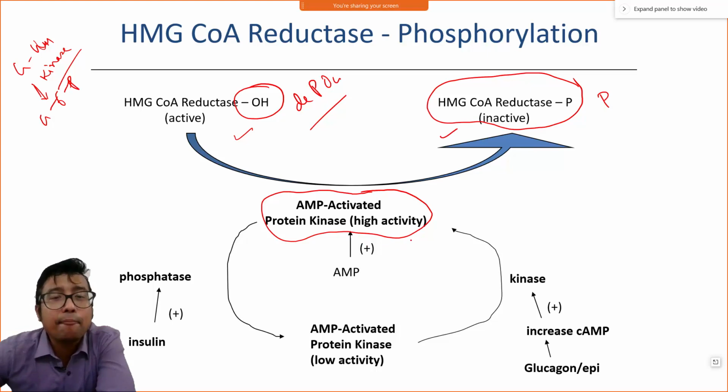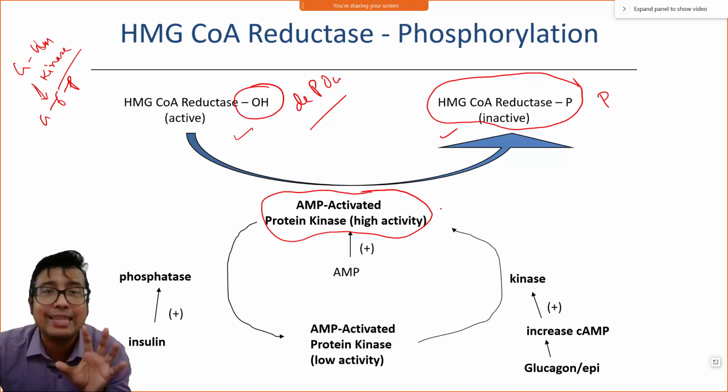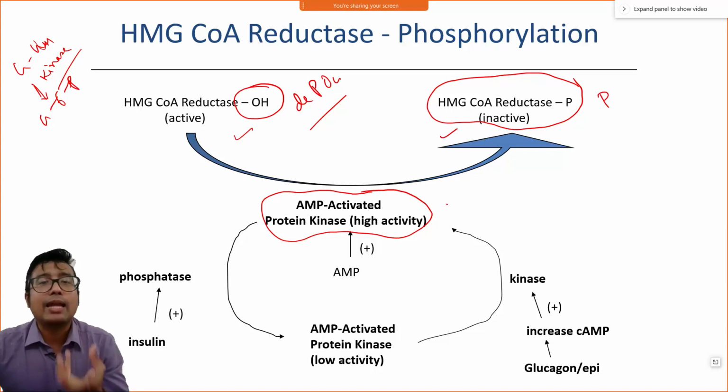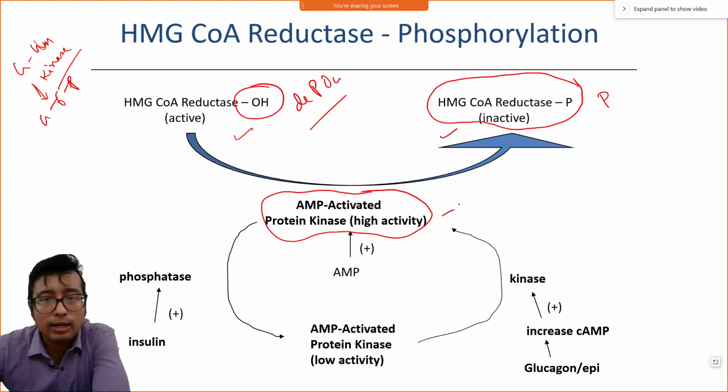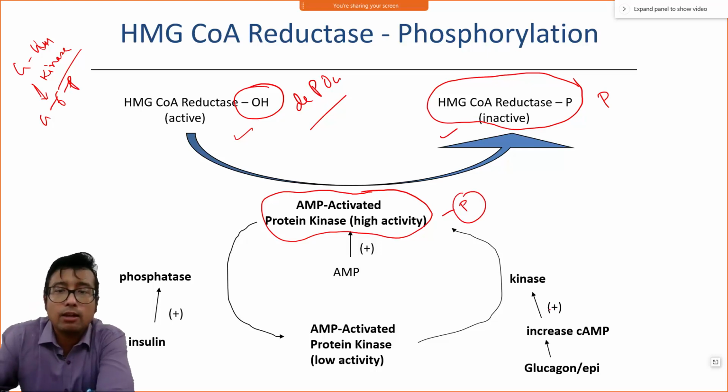However, this AMP dependent protein kinase is active in phosphorylated form. Remember, we are talking about the protein kinase enzyme that also has an active and an inactive form. Since this is active in phosphorylated form, naturally there will be another kinase which converts this dephosphorylated form to a phosphorylated form.